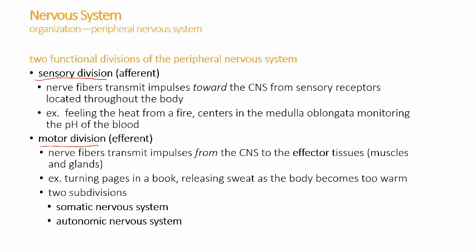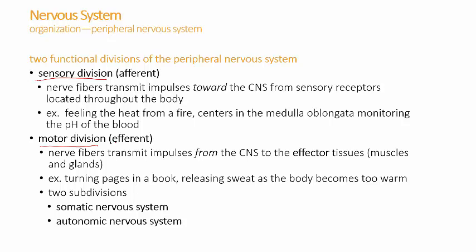So afferent and efferent are two terms that relate to the two divisions of the peripheral nervous system. Afferent means that it brings information toward the center, toward the most important part, or the reference point.